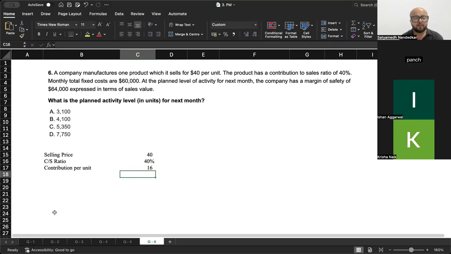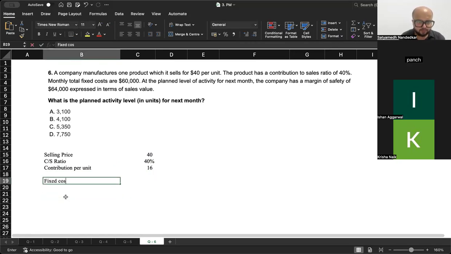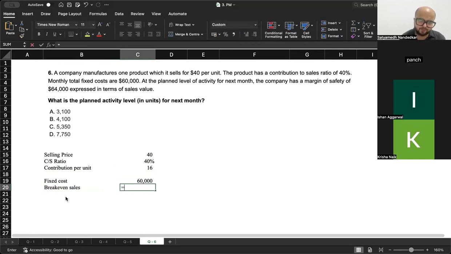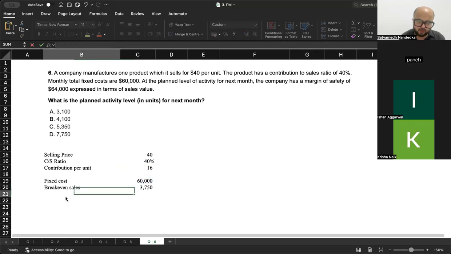The monthly total fixed costs are 60,000. At the planned level of activity for next month, the company has a margin of safety of 64,000 expressed in sales value. First of all, tell me what is my break even sales? Fixed cost divided by contribution per unit: 3750.